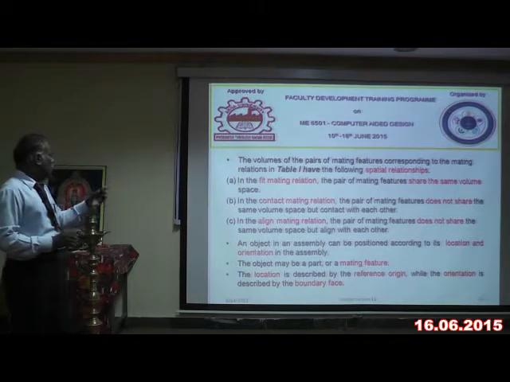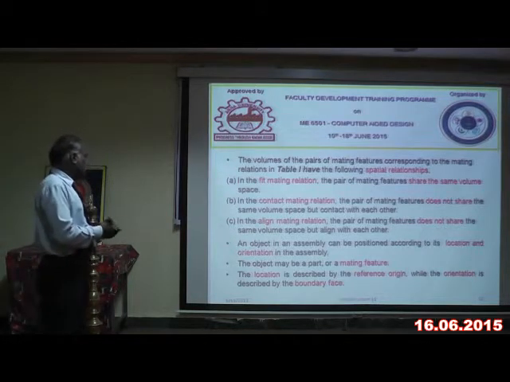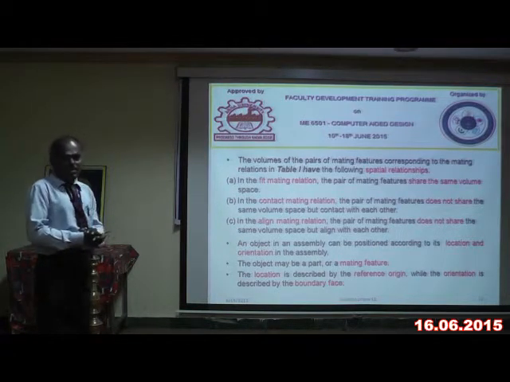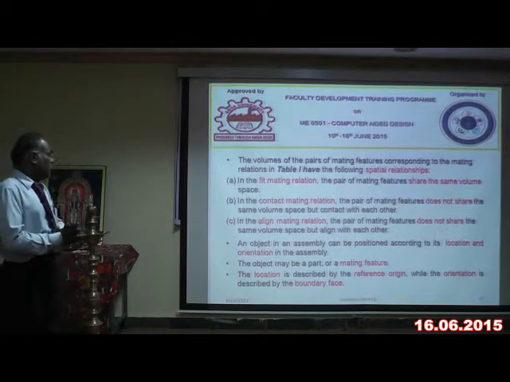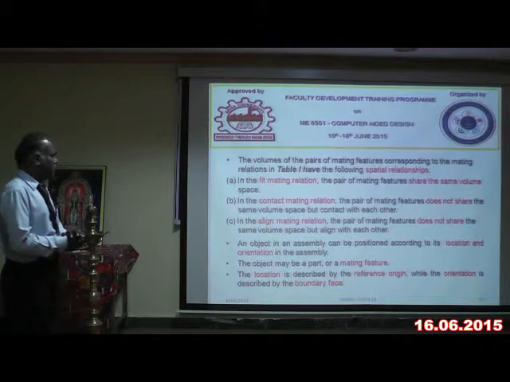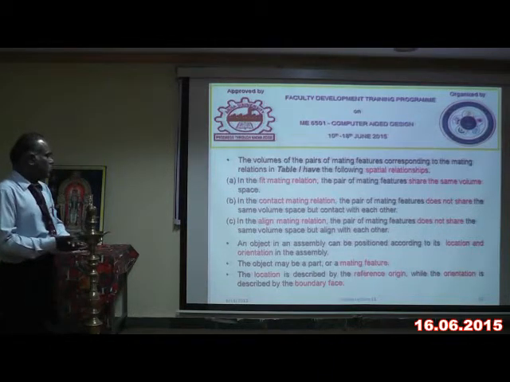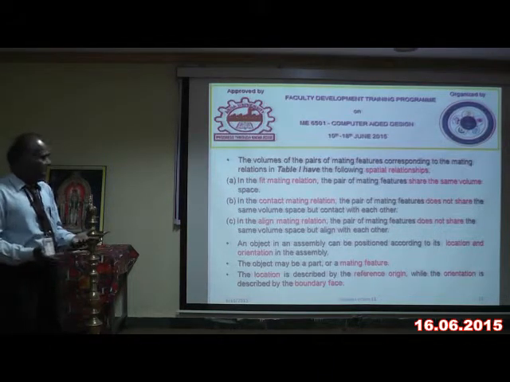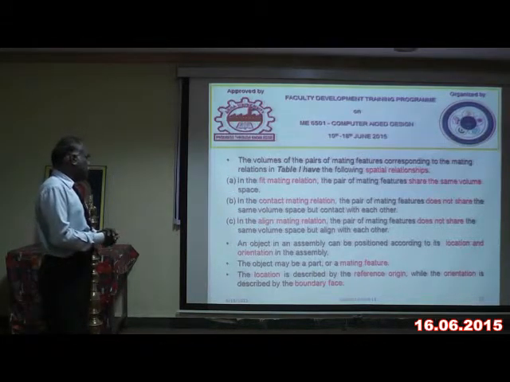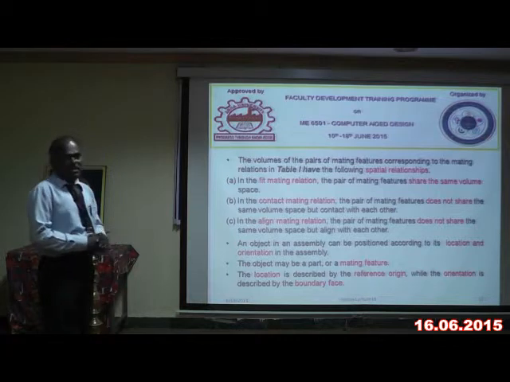That means there are 3 relations. In the fluid mating relation, the pair of mating features share the same volume space. And then the contact mating relation, the second one, does not share volumes. And then the aligned mating relation does not share the same volume, but is aligned with each other.